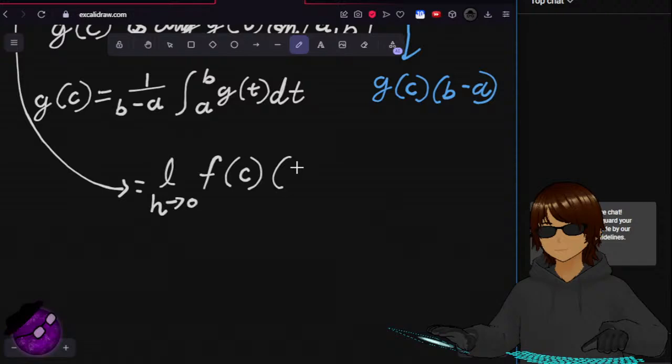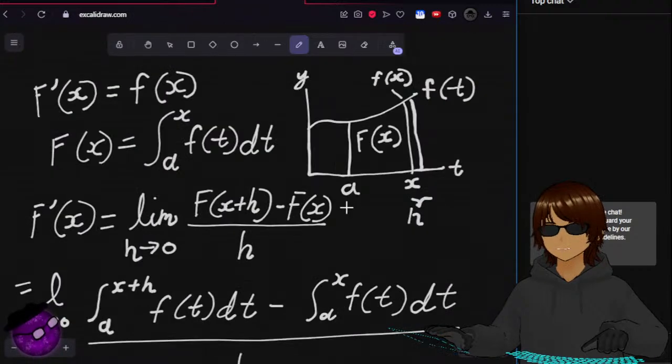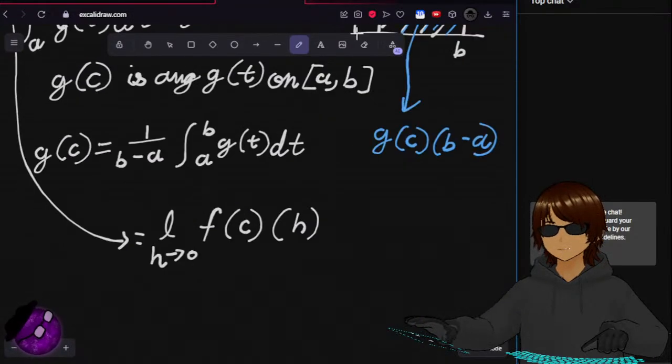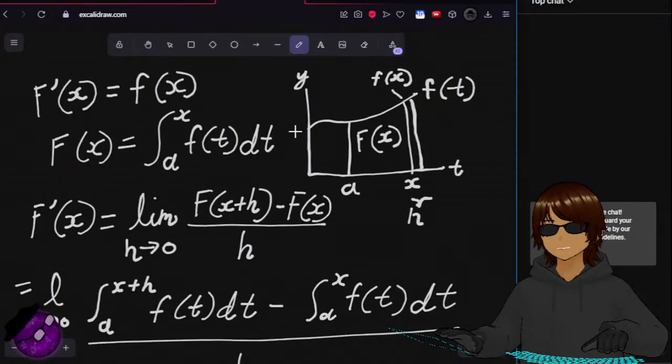Not times h, sorry. So the average value is the area divided by the interval. Same thing for f. The average value between these two is the area divided by the interval.